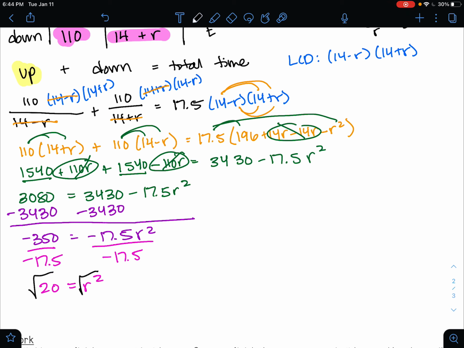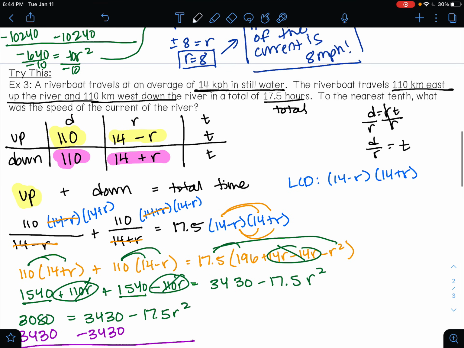Now, typically we would have done birthday cake to simplify something like this, but writing our answer in terms of square roots does not make sense in the context of this problem. So I'm just going to type in the square root of 20 into my calculator, and I'm going to get plus or minus 4.5.